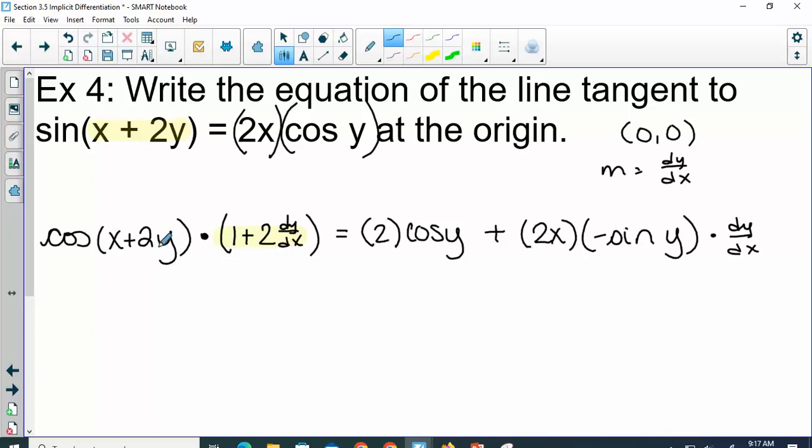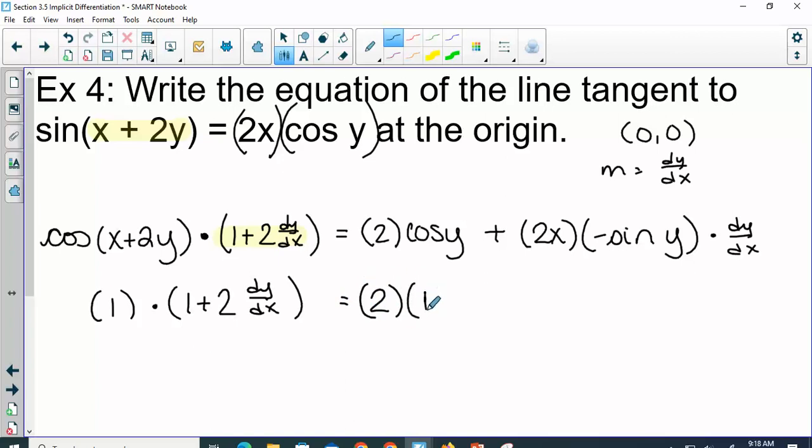So cosine of 0 is 1 times 1 plus 2 dy dx equals 2 times cosine of 0 is 1 plus 2 times 0, so this whole term just drops off.